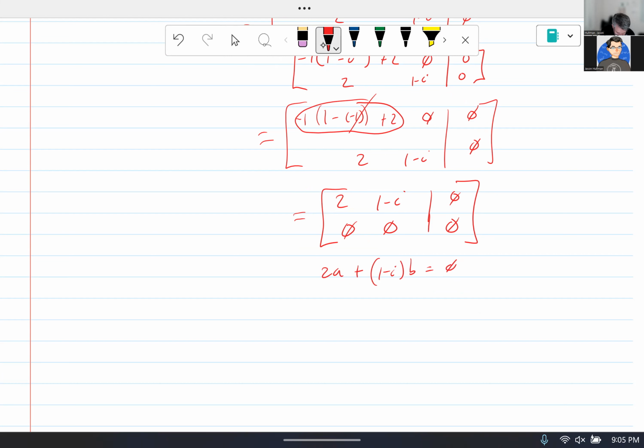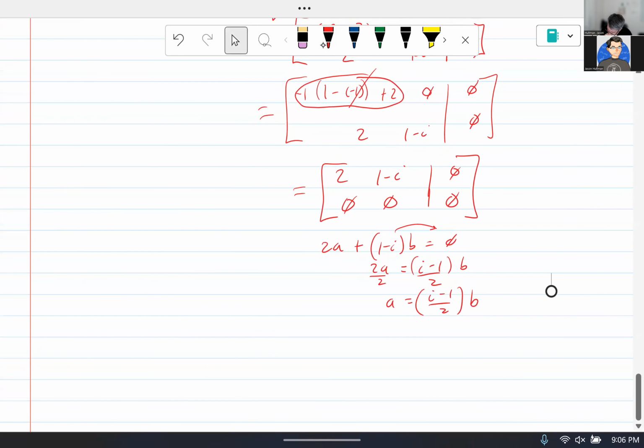If I solve for a, I get 2a equals (i minus 1) times b, all divided by 2. We get a equals (i minus 1) over 2 times b.